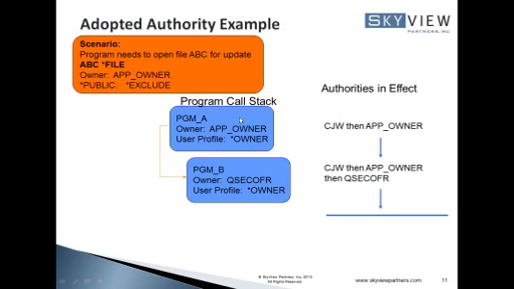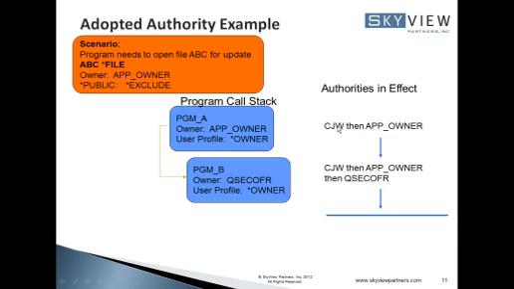So when program A is active or in the call stack, then the authority that is first checked to the file called ABC, CJW's authority, is the authority that will be checked first. Now, if CJW happens to have authority to the file, change or greater, then she will be able to make that update.